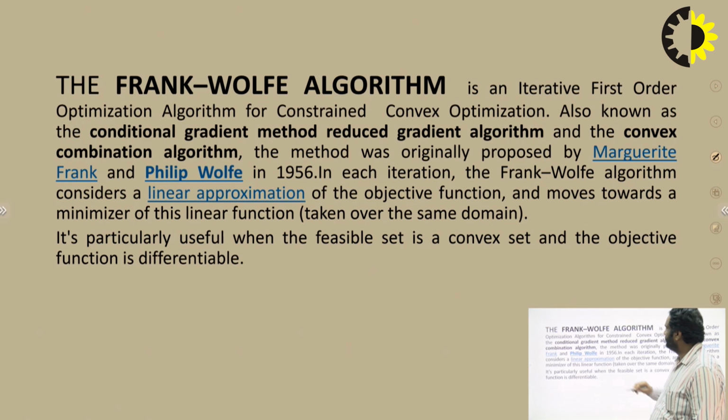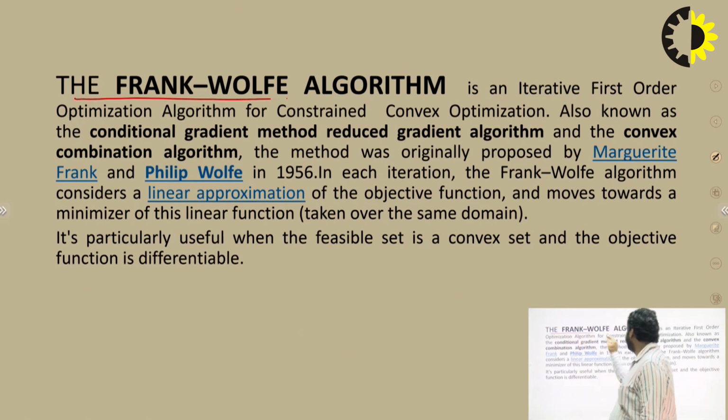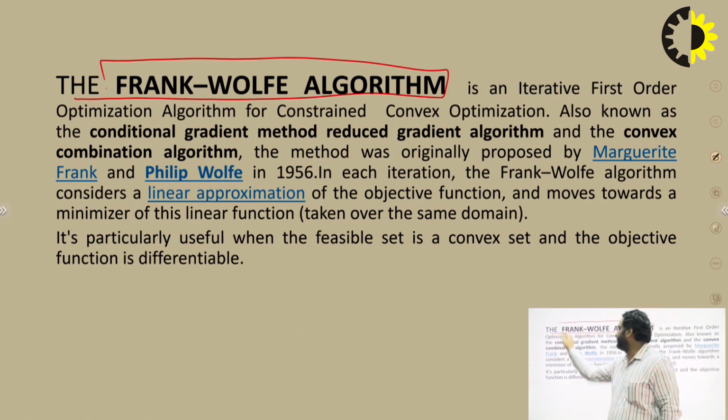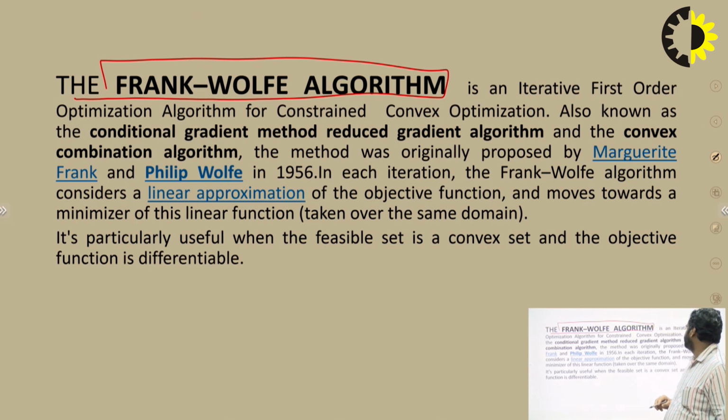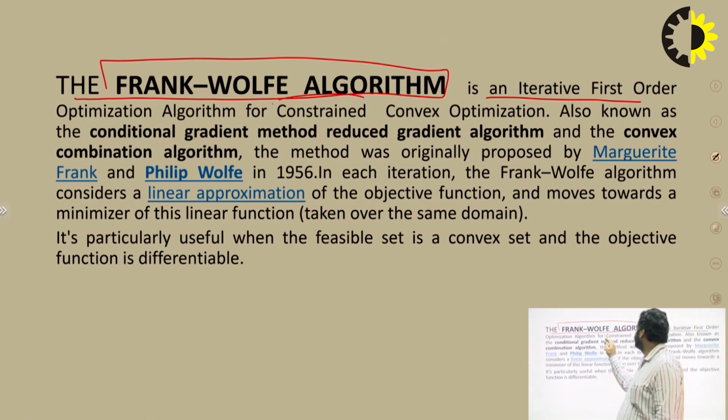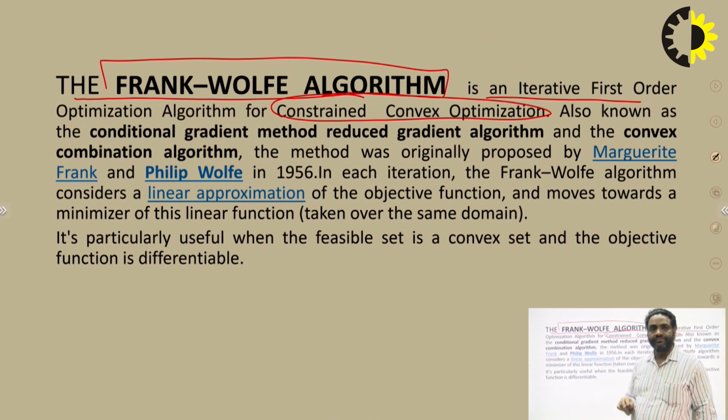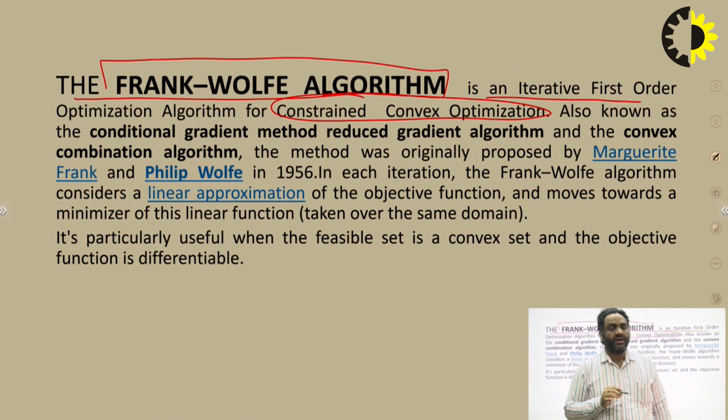Next is a very famous optimization technique, that is the Frank-Wolfe algorithm. It is an iterative first order optimization algorithm for constrained convex optimization. Again, we have a number of constraints and we are going to optimize the given function.